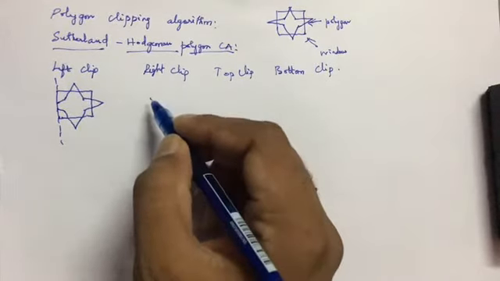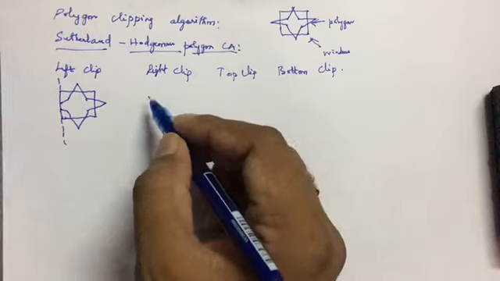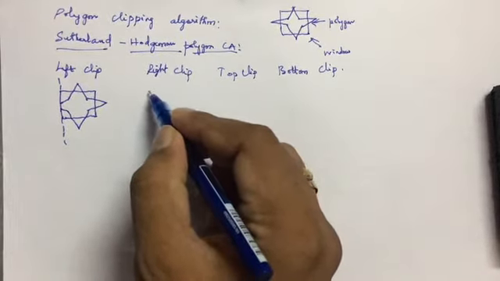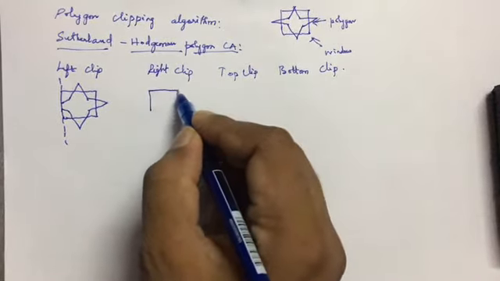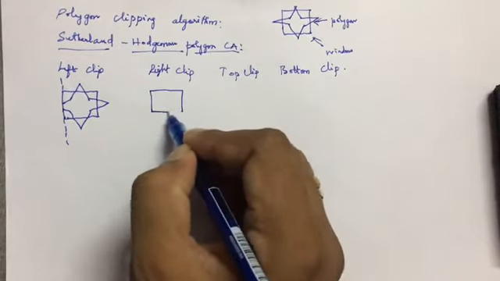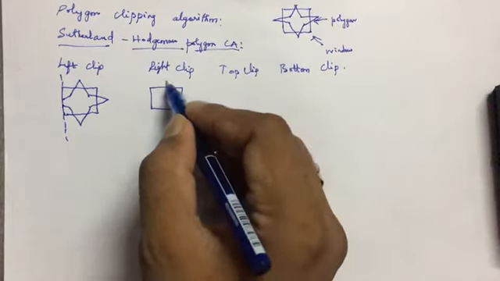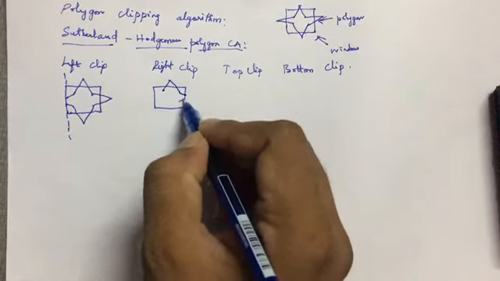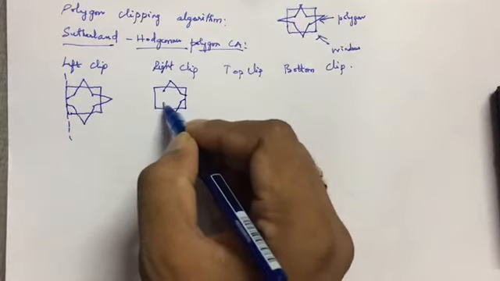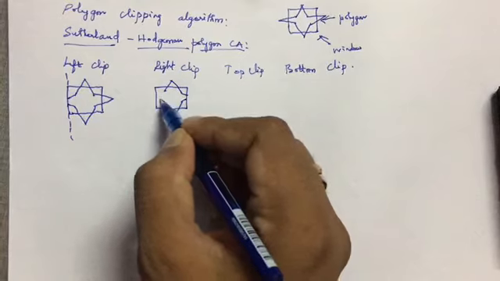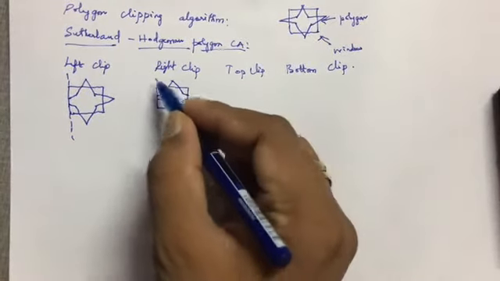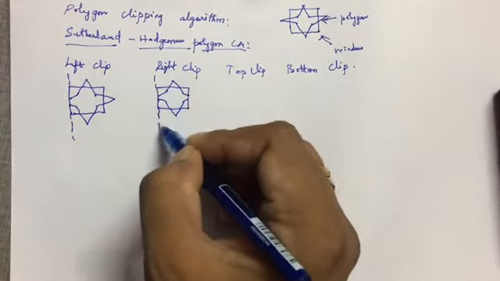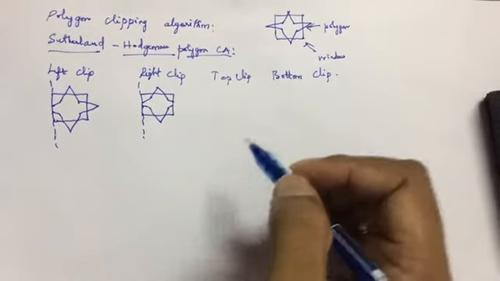Then we have to follow the second step, right clip, with the output we have. In this step we will have the output like this.